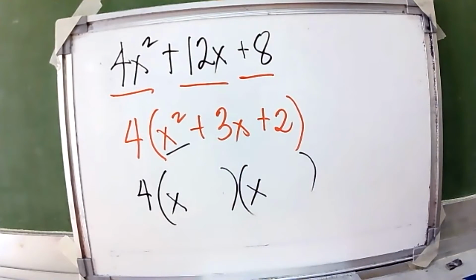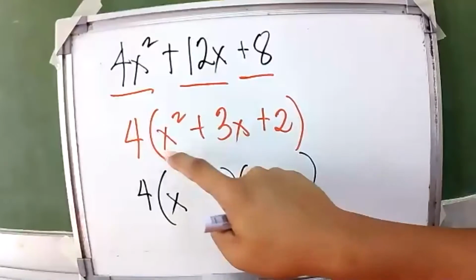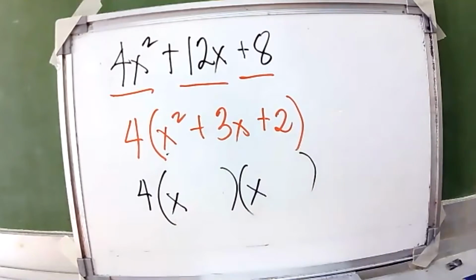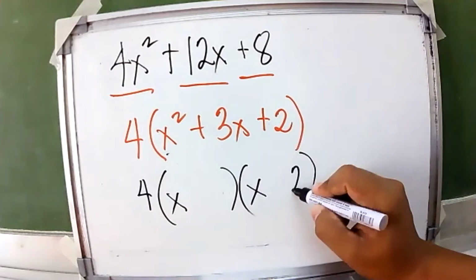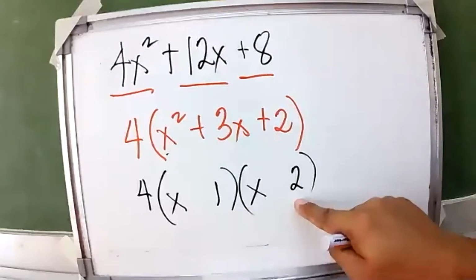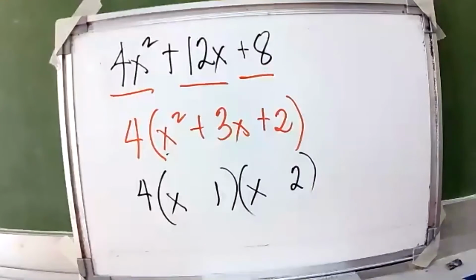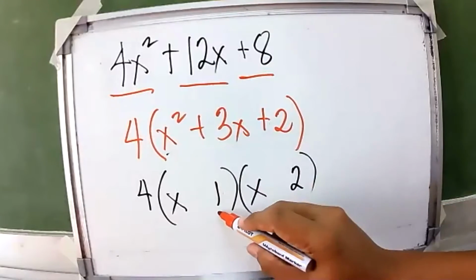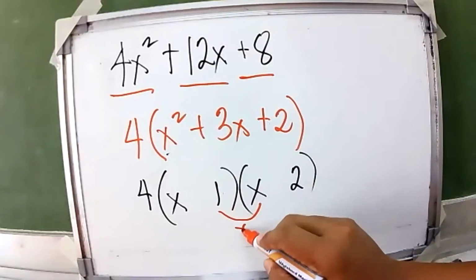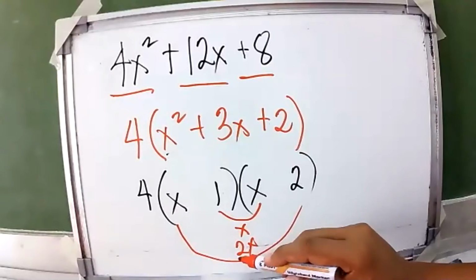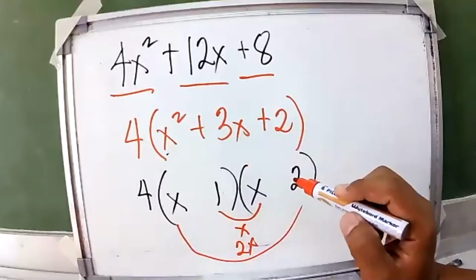Yes, of course. So, the step here is factor the first terms, x and x. Factors of 2: we have 2 and 1, because 2 times 1 is 2. Now, to check if the factors are correct, we need to multiply this. 1 times x, that's x. x times 2, that's 2x. What should be their signs to get a positive 3x?